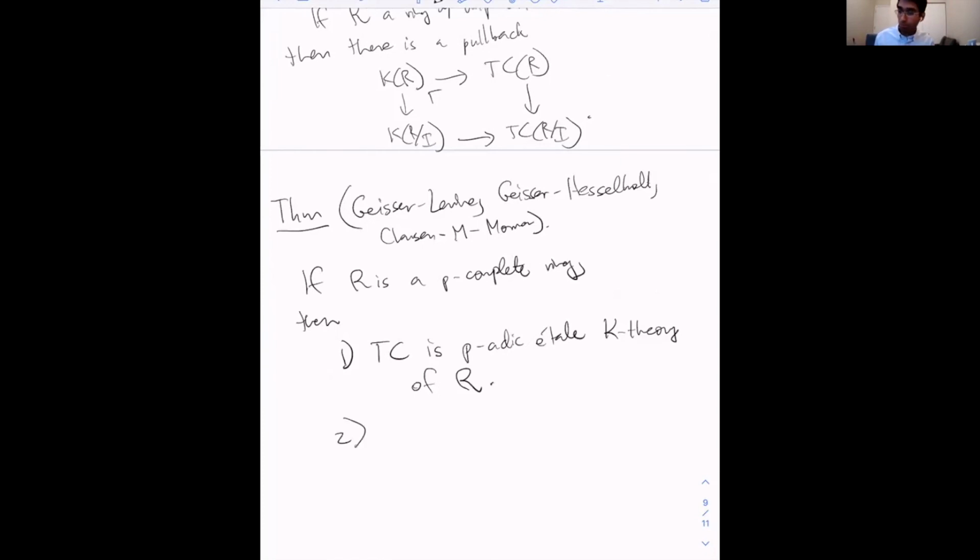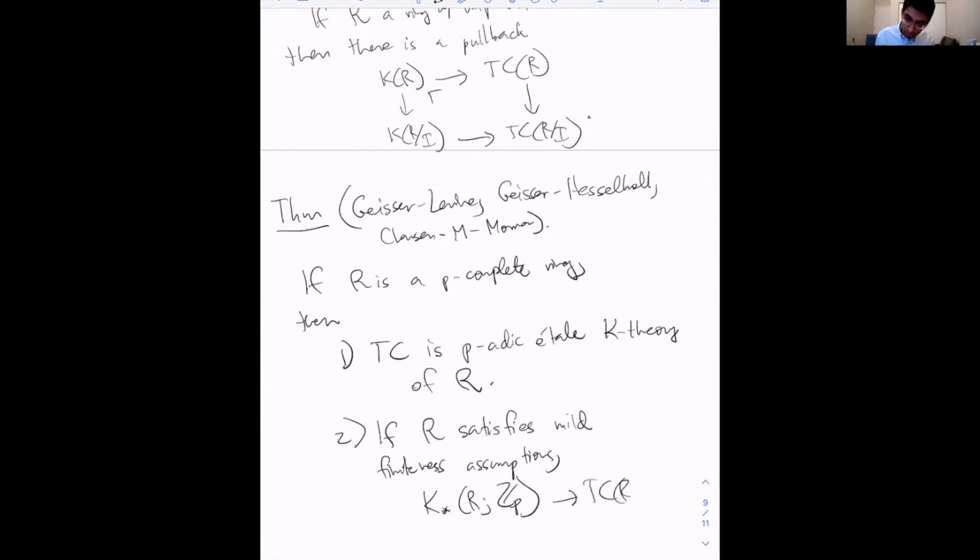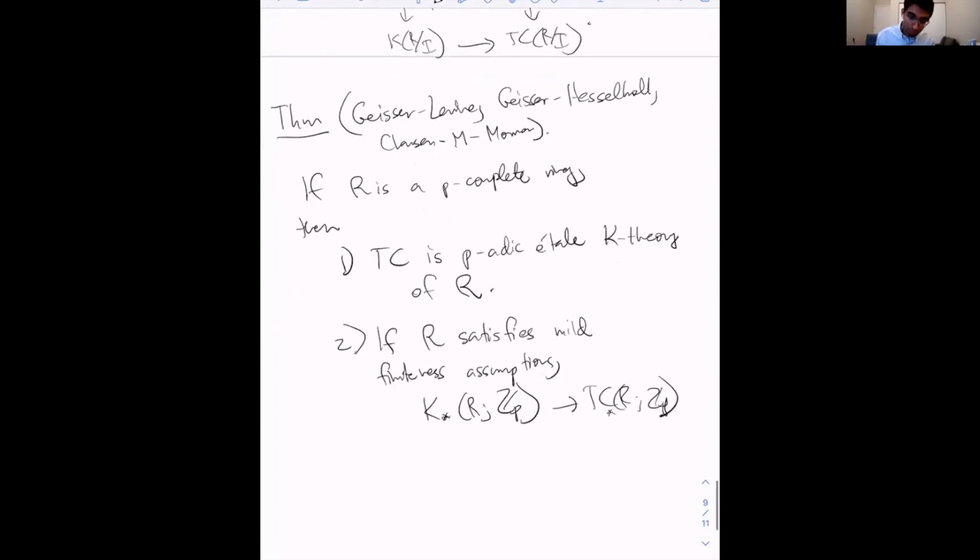So maybe since I didn't define that, maybe I should state that comparison, which is that if R satisfies mild finiteness assumptions, then the map from the p-adic K-theory of R to TC of R is an iso in large enough degrees.